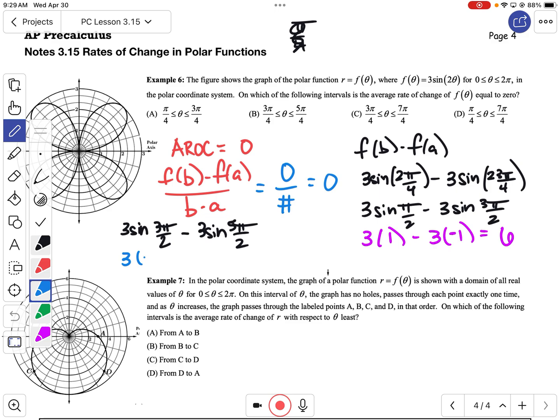The bottom one's going to be a negative 1. Where's 5 pi over 2 going to land? Yep, it's going to land up there at pi over 2. So 3 times negative 1 minus 3 times the positive 1 is going to give me a negative 6. That doesn't work either.